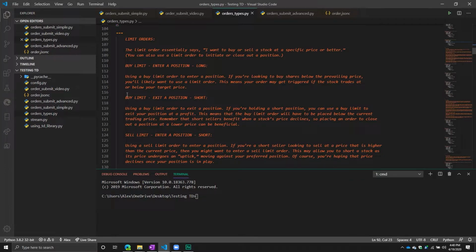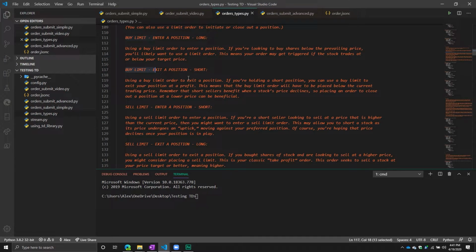If we have a buy limit order to exit a position, so exiting a short position, in this case, what would happen is your price would be above your current prevailing price. And so in this case, if you're holding a short position, you can use a buy limit to exit your position at a profit. Or sorry, I misspoke there. It's not above your market price, it's below your market price.